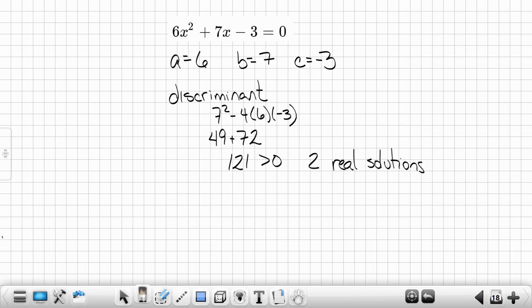You've already found what goes under the square root. Don't do it again. So to find the actual roots, you have x equals negative 7 plus or minus the square root of 121. We already found b squared minus 4ac. All over 2 times 6. That is 12. I'll get there in a second, Lucas.